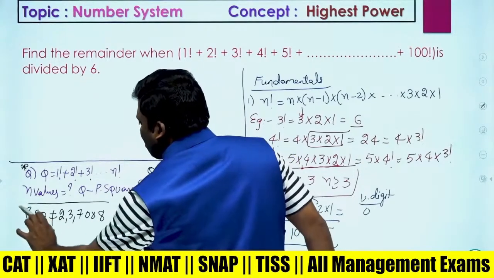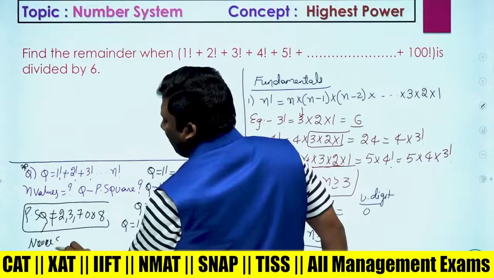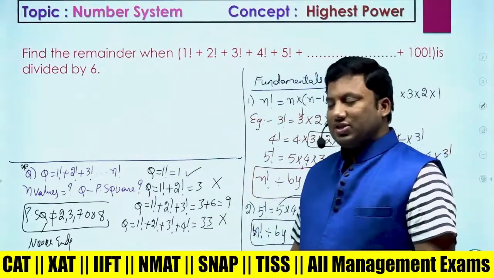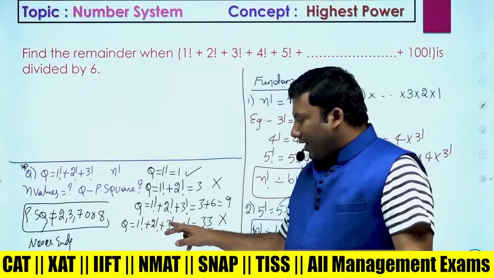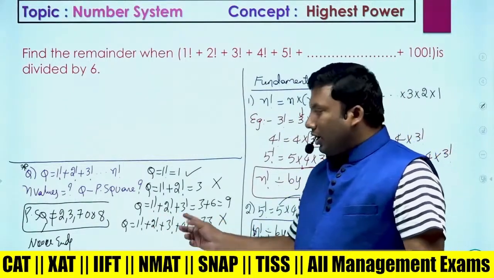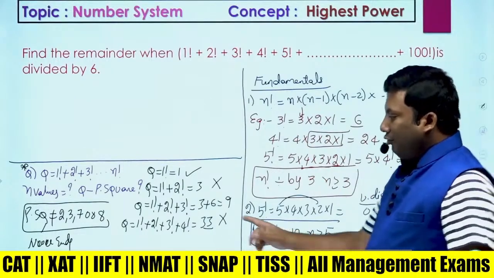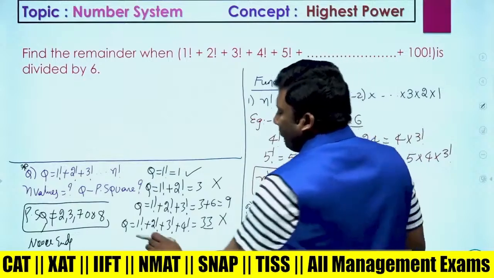We have done so many sessions which use this concept. How to compute? 4 factorial is 4 into 3 into 2 into 1, 24. 24 plus 6 plus 2 plus 1 is 33.